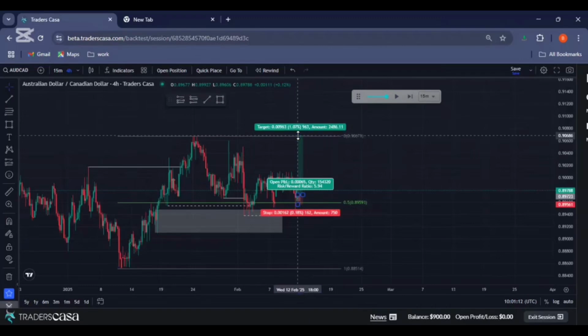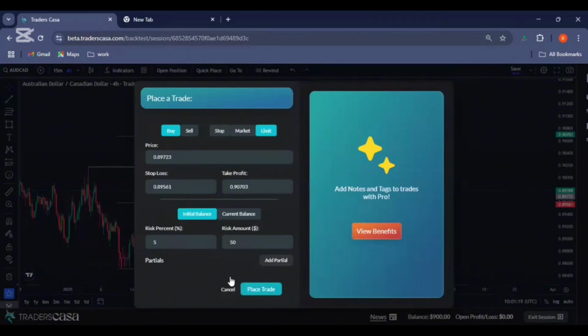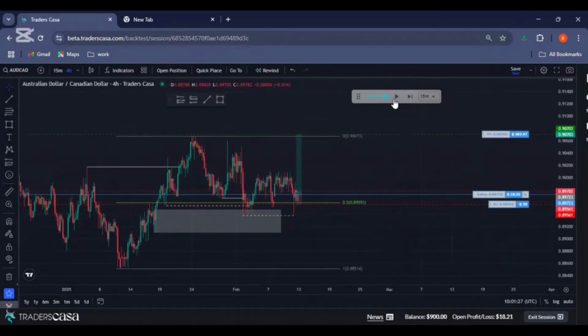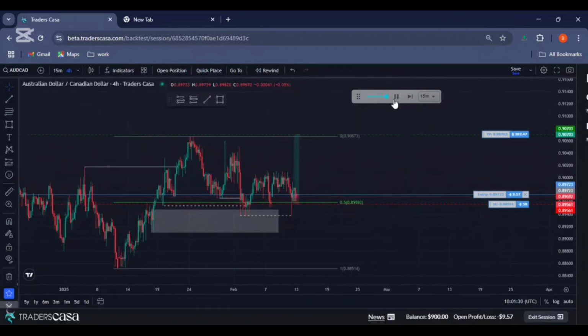Can I make it 6 hour? Okay, that's 6 hour. So open position, I'll risk 5% and I place my trade. Okay, we are triggered in now. Let's see how it goes.